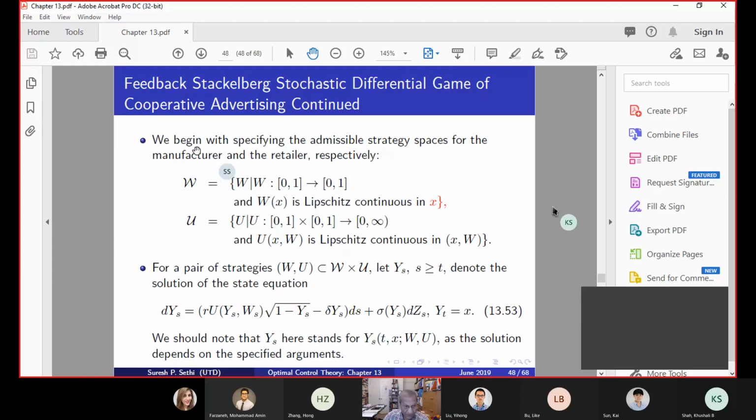Okay, so script W is all functions of W that take X, which is between 0 and 1, and give you a subsidy rate between 0 and 1. So it's a function from this domain to this range, okay? And we assume that this function is Lipschitz continuous, because we need Lipschitz continuity in terms of getting a solution of the differential equation.